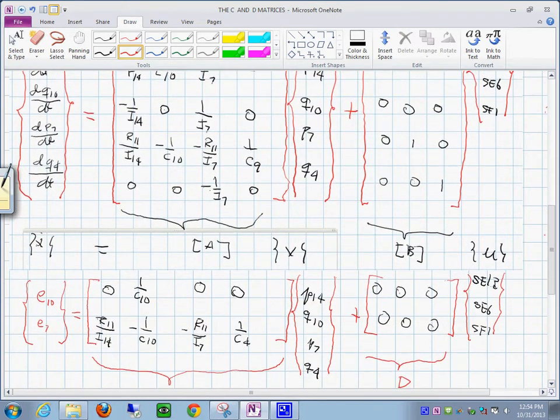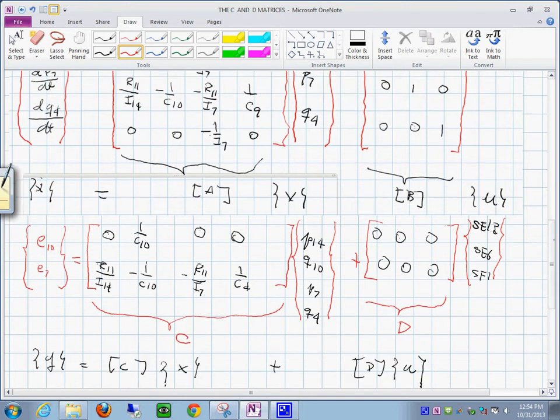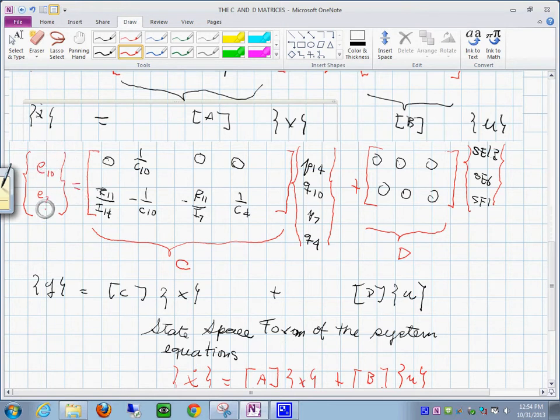And then you will have this form for the A and B matrices, where these are the derivatives, the A matrix times the state vector, and then you have the B matrix times the vector of the inputs. But on this one in here you have the outputs. This is the C matrix, the output matrix, and these are the state variable vectors. So again, if we multiply this by this and this by this, it should reproduce equation number 1 for output E sub 10.